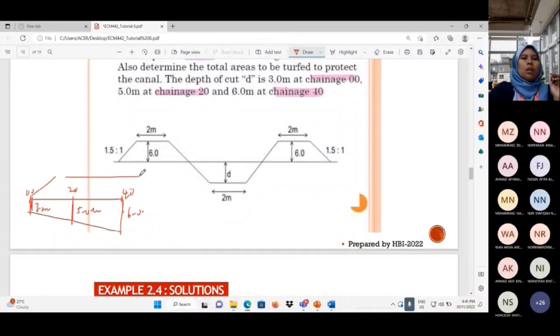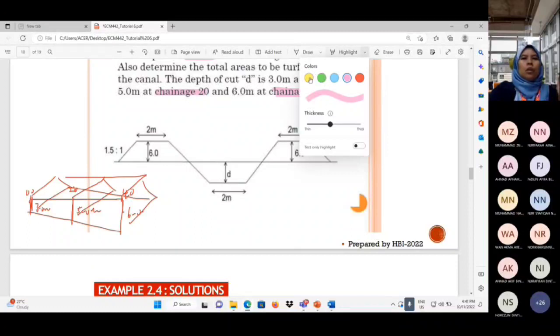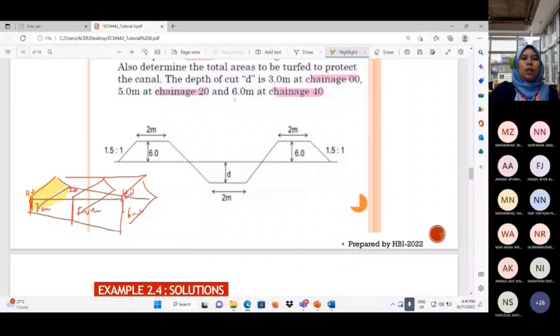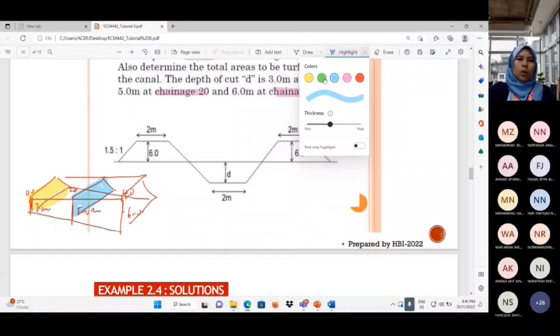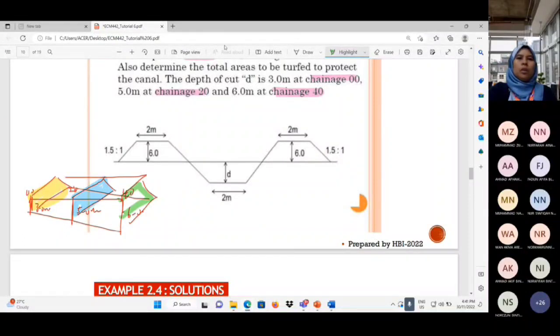So kalau kita boleh bentuk dia macam ni. So, kita nak cari volume tanah yang kita korek ni. Kita tengok dekat sini, depth di sini 3 meter. Depth di chain H20 is 5 meter. Saya terbalik ni, patut bentuk dia macam ni.